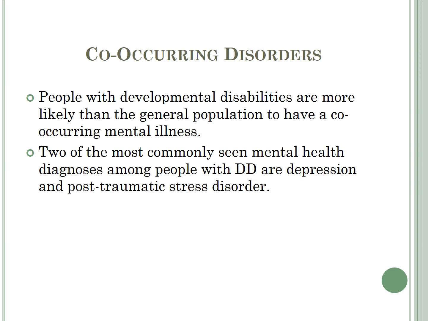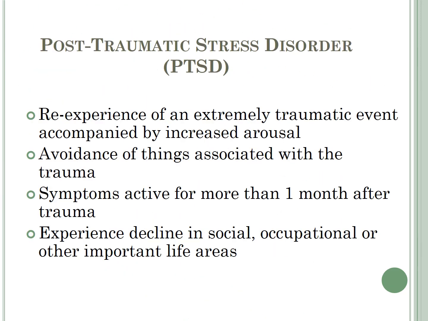And unfortunately, the reason for the post-traumatic stress disorder is that people with developmental disabilities more than likely have been abused or neglected at some point in their life. They've experienced some type of trauma. So that makes them at a much higher risk of developing post-traumatic stress disorder.